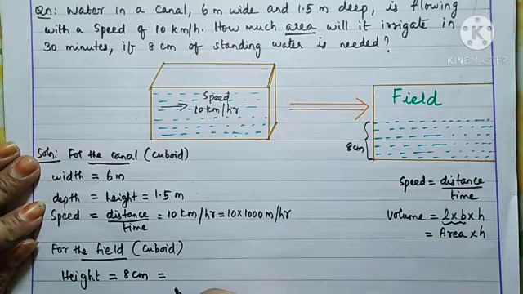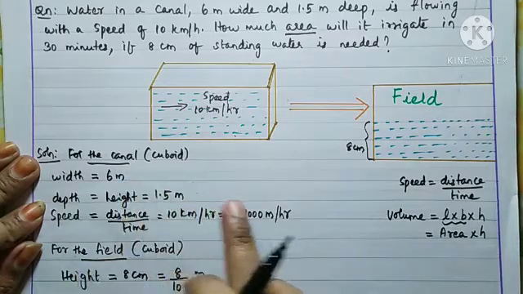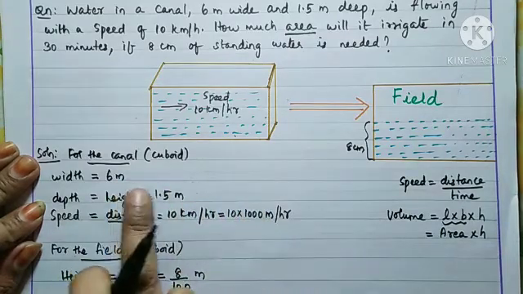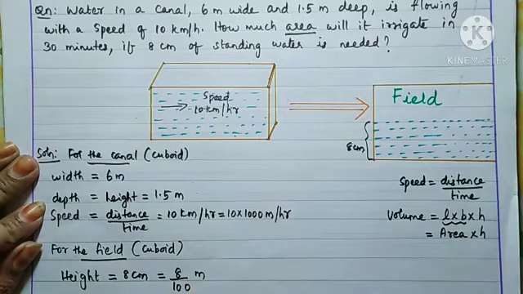What is the conversion of centimeter into meter? 100 centimeters is 1 meter, so 1 centimeter is equal to 1 by 100 meter. So divide by 100: 8 by 100 meters. Every time you want to check that all the units are the same. Now we have all the units in meters. So everything is clear now.